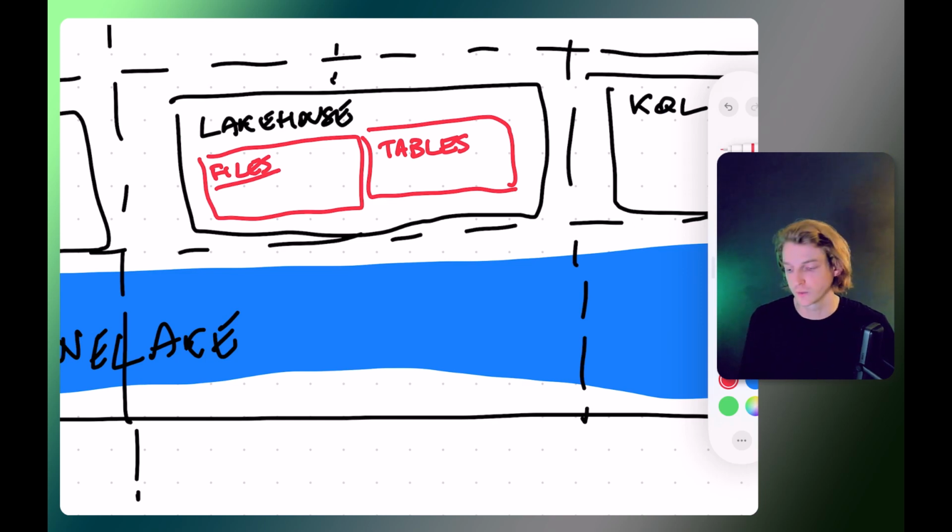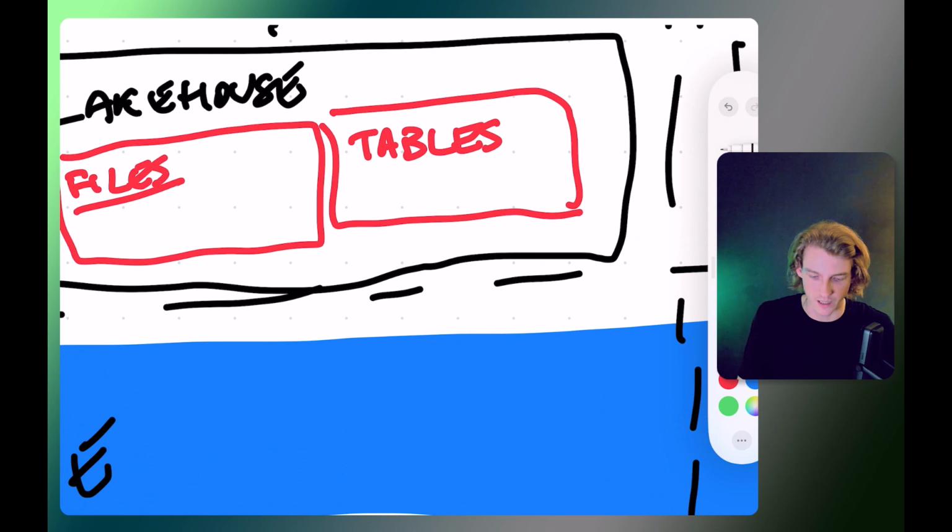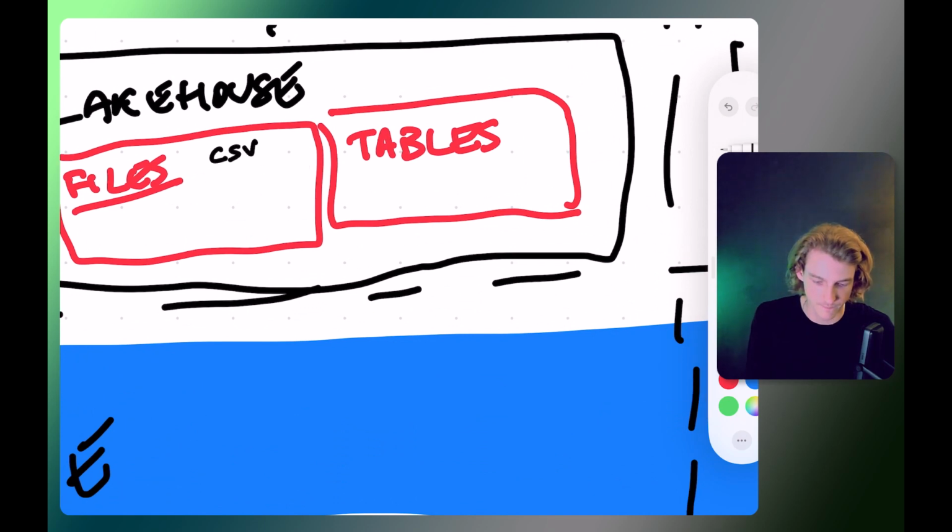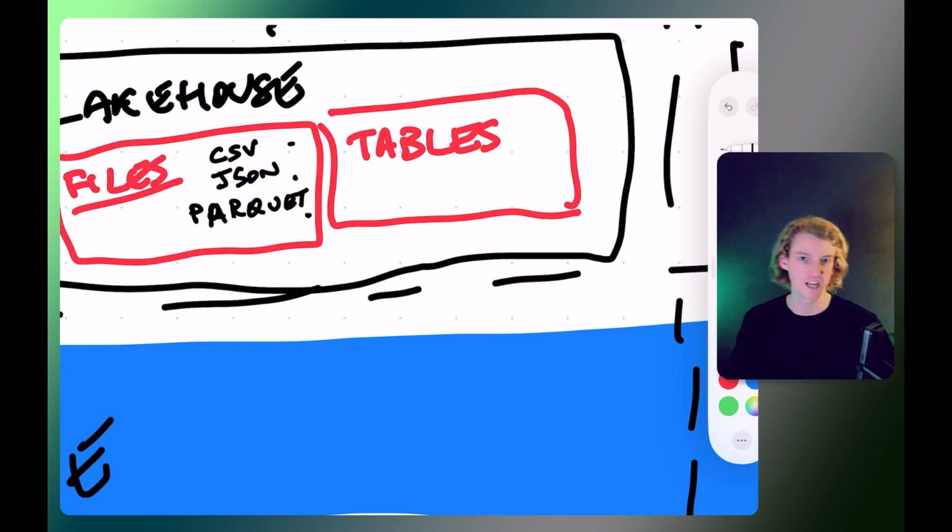And by files, I'm talking about things like CSV, JSON or Parquet, but it could really be anything. These are some common file formats in the data engineering and data science world.